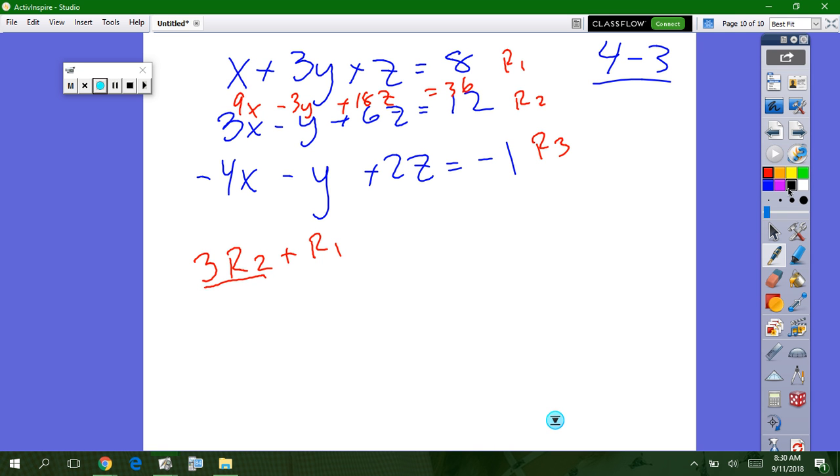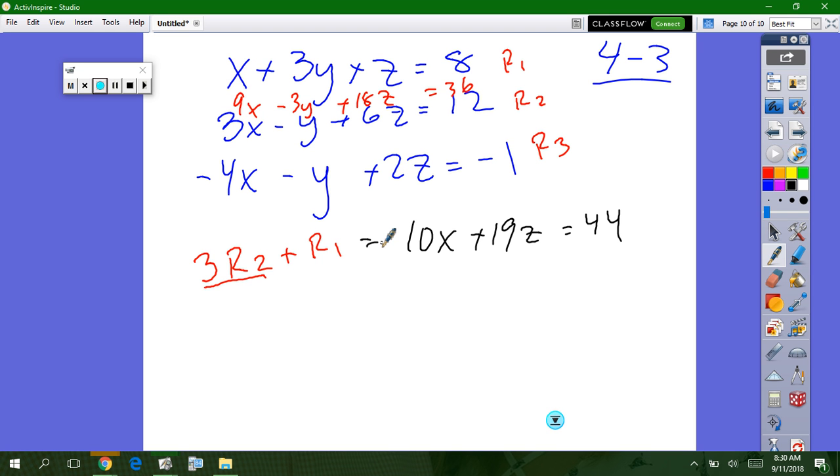What do I get when I add that to row 1? x plus 9x is 10x. 3y minus 3y is 0, which was our goal, correct? z plus 18z is 19z. 8 plus 36 is 44. Any questions on how I received that black one, which is equivalent here to that manipulation, right?